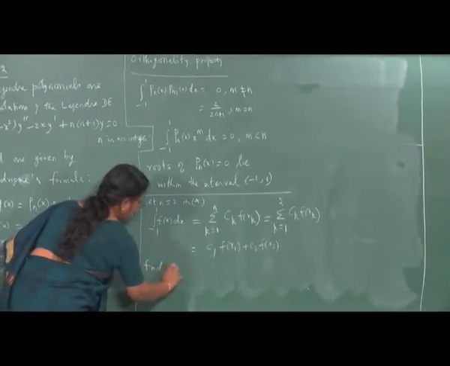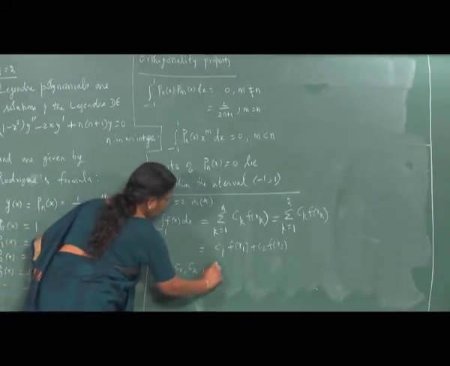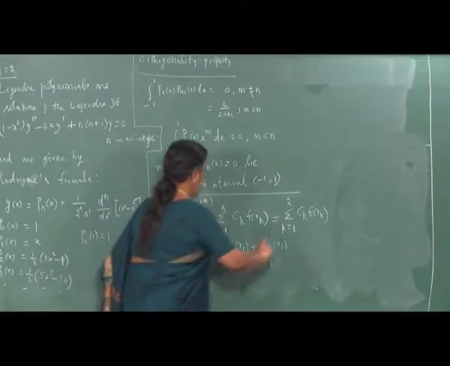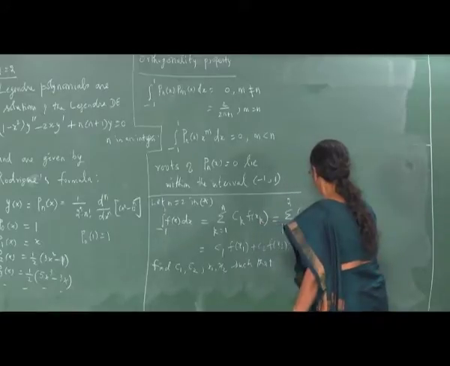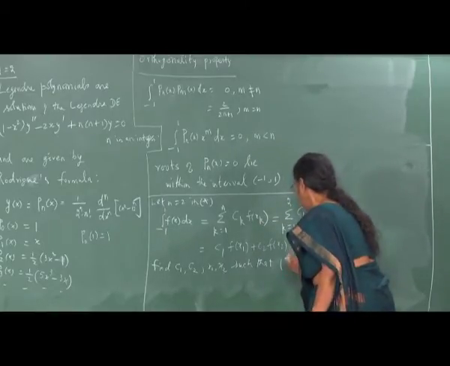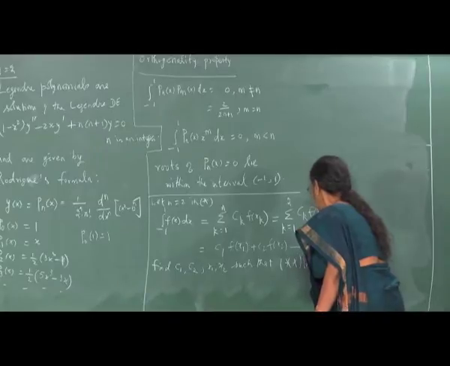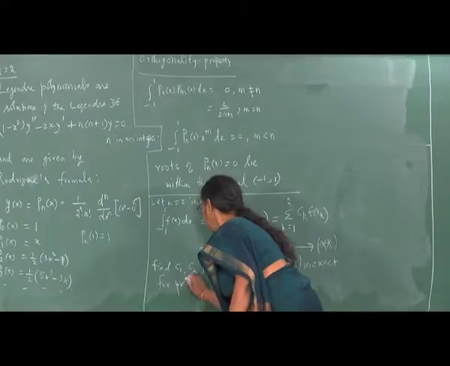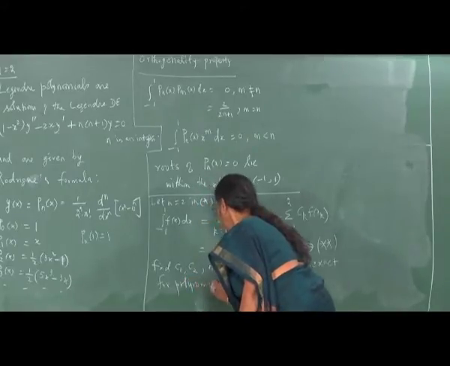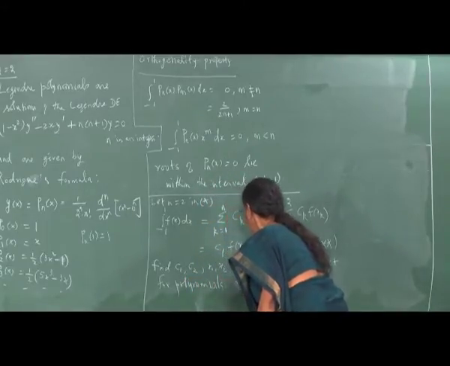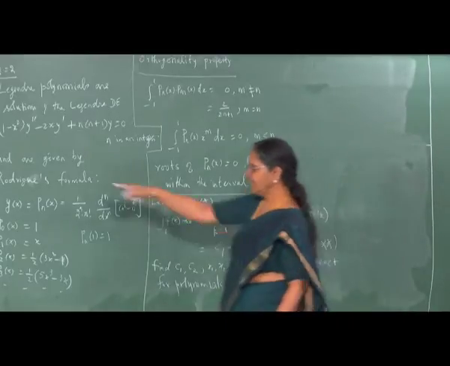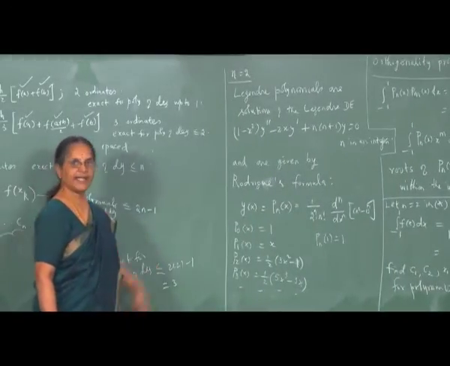So, find c1, c2, x1, x2 such that this integration method, let us call this as double star, is exact for polynomials of degree less than or equal to 2n minus 1.